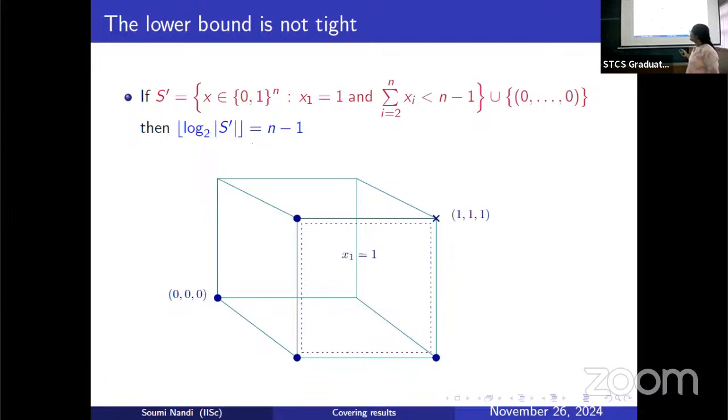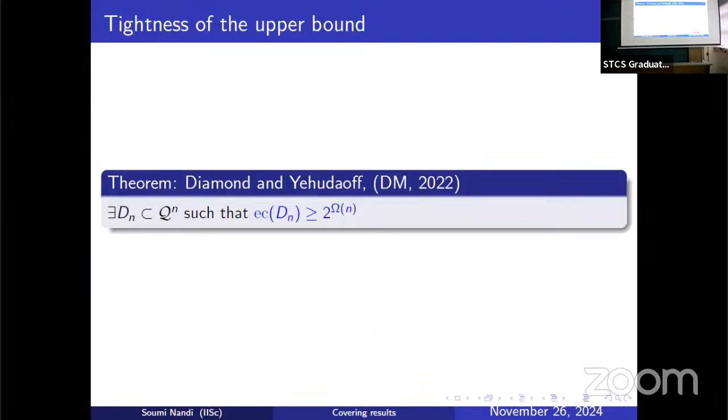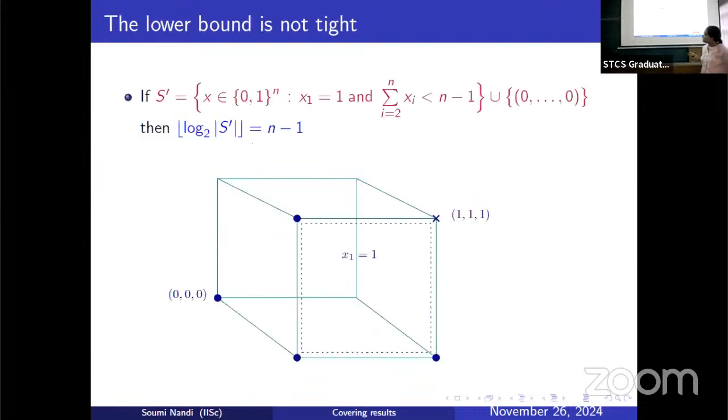But the lower bound that they give, using the size of this restricted set, is not tight. Because suppose we have taken these points. For x1 equal to 1, on that hyperplane, we have 2 to the power n minus 1 many points. Among them, we are dropping the odd ones.